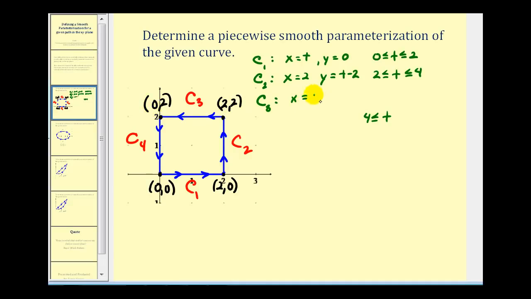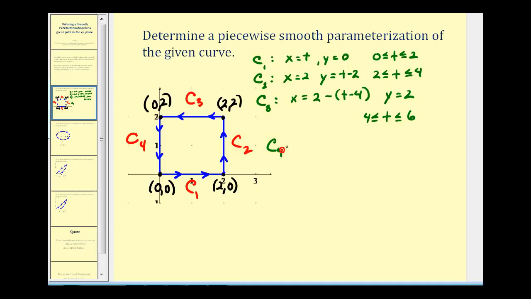So if we let x equal 2 minus (t minus 4), let's see what that does. When t is 4, we subtract 0. That's good. When t is 5, we would subtract 1. That's good. And when t is 6, we would subtract 2. That would give us 0. So that's good. And then our equation for y would stay at y equals 2. So t is on the closed interval from 4 to 6 this time.